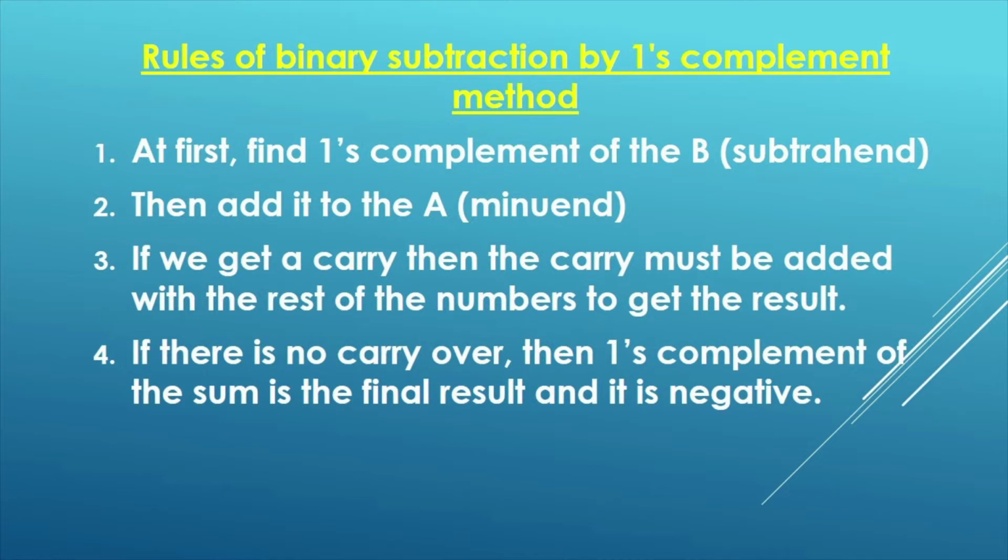The third rule is, if a carry comes in the result, then that carry should be added with the rest of the numbers in the result to get the answer. And the fourth rule is, if there is no carry, then the 1's complement of the sum will be the result and it will be negative.